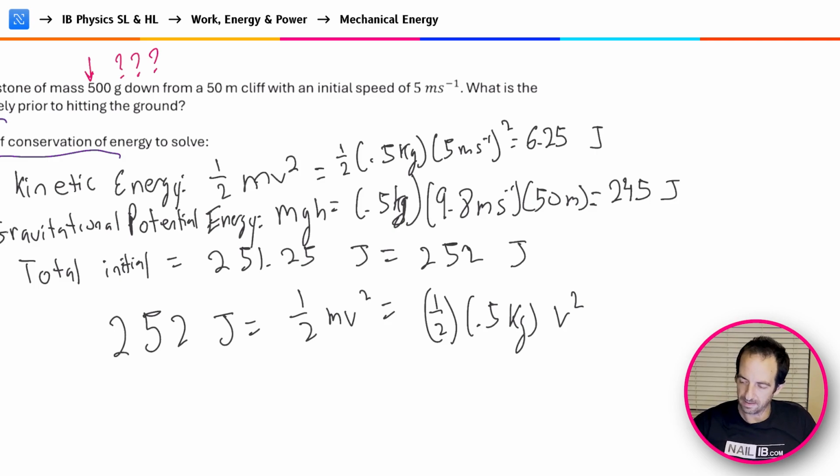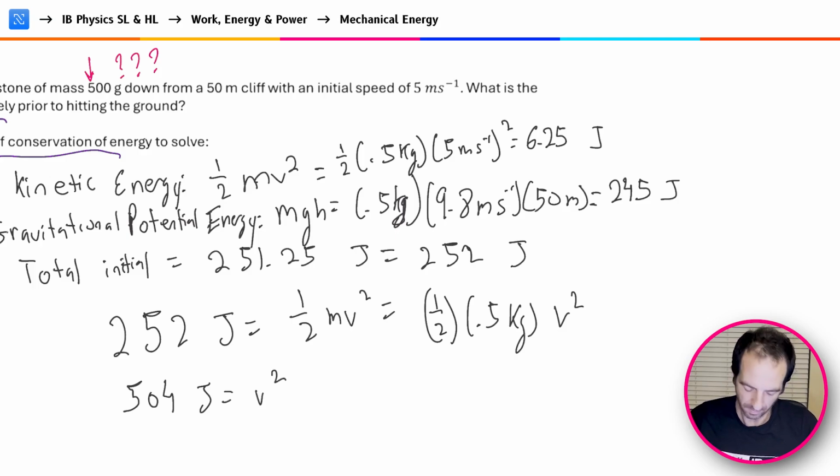So I could divide 252 divided by 0.5 gives me 504... Let's go and put this, it was 252 divided by, not by 0.5, excuse me, it's 252 divided by 0.25.